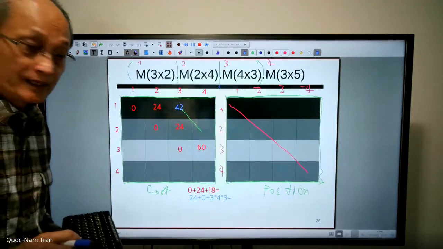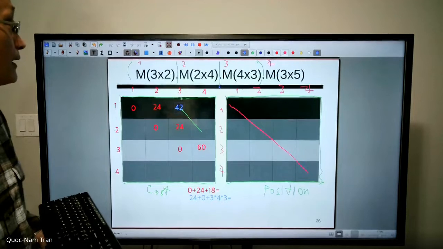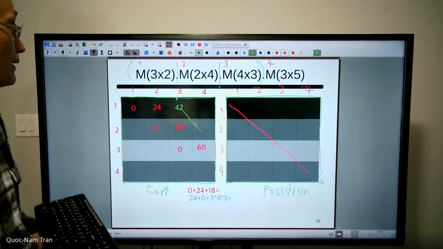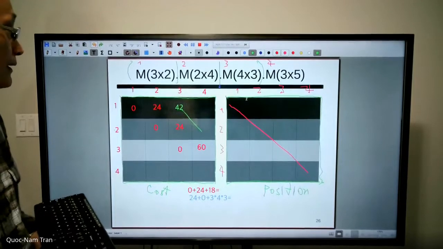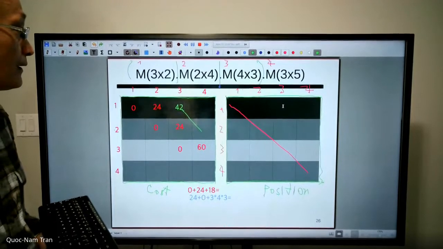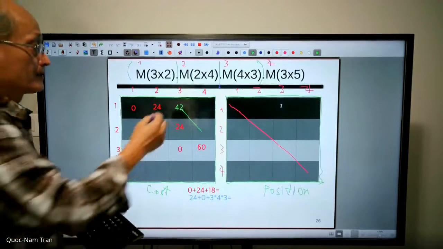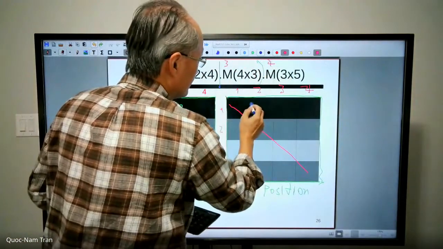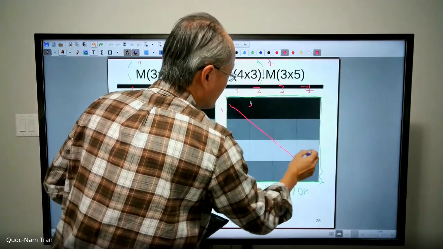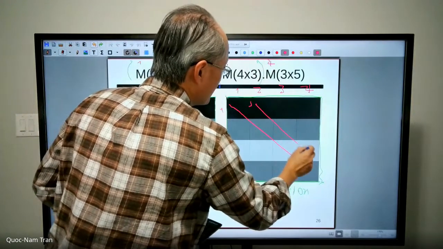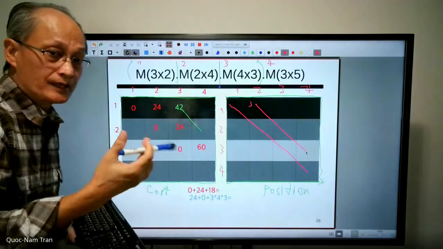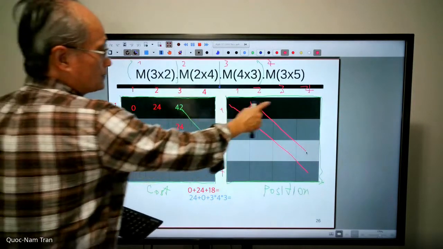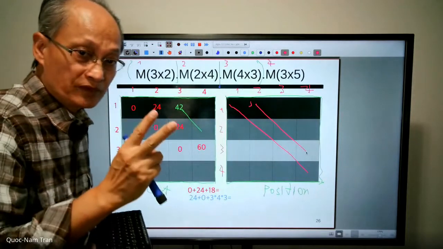Similarly here, we don't have the value on this diagonal, because multiplying two matrices, we don't break it anyway. But from 1 to 3, we have two different ways.